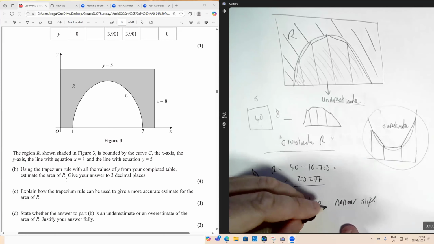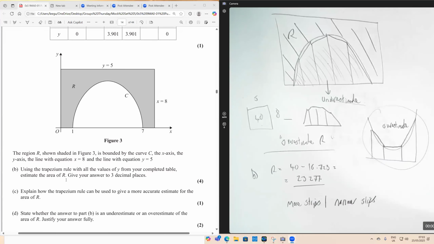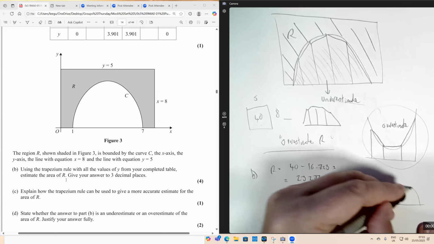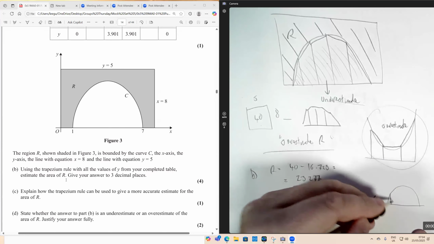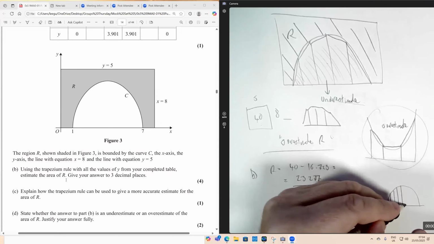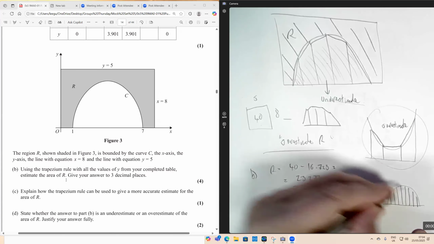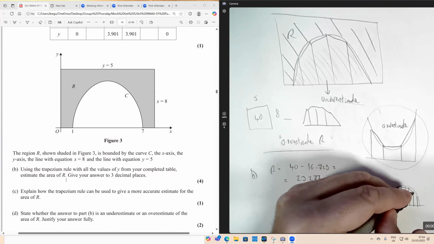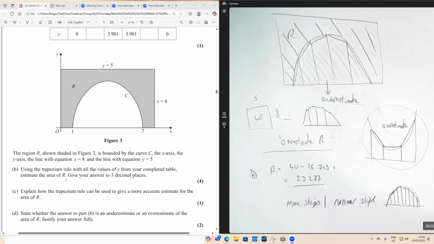More strips or narrower strips is going to give us a more accurate answer, because if we have lots more strips, the gaps between the curve and the top of the trapezia are reduced, giving us a more accurate answer. So if we increase the number of strips, our answer would become more accurate.